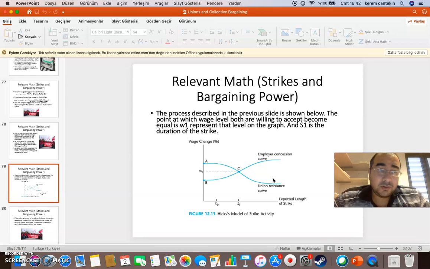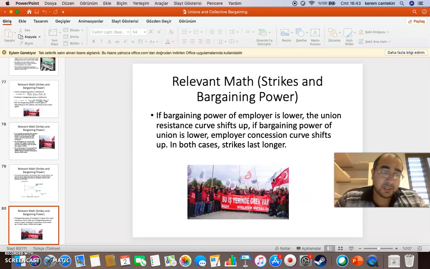And in some cases both union and employer might want to show each other, and in some cases also, if the union is bargaining with multiple employers, to all employers, all workers. In the case of the employer, it's power: if I say I'm powerful, I can last a long strike. I can manage to endure its hardship.